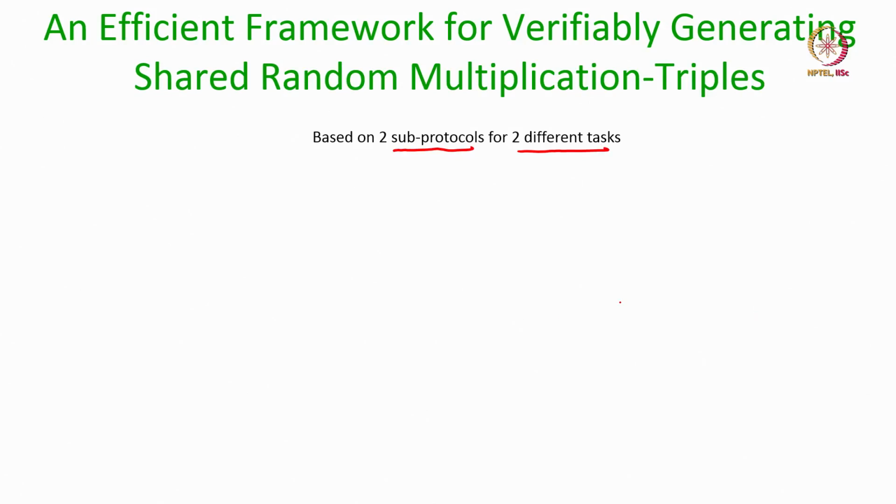I will first explain the two sub protocols, what exactly are their requirements, properties, and then we will see that assuming those two sub protocols are available, how exactly we can stitch them and generate random secret sharing of random multiplication triplets.